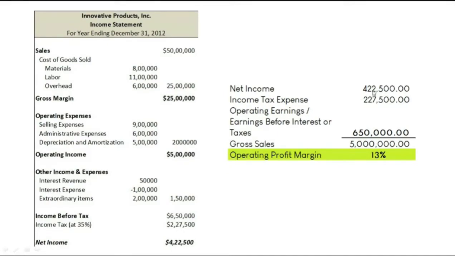So 422,500 plus 227,500 is equal to 650,000. 650,000 divided by 5 million is equal to 0.13 times 100, and we have 13%.